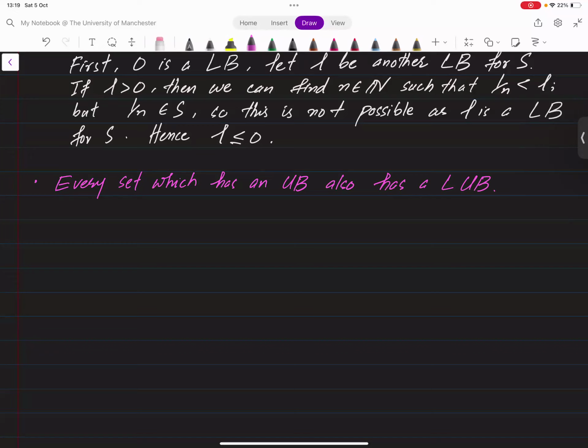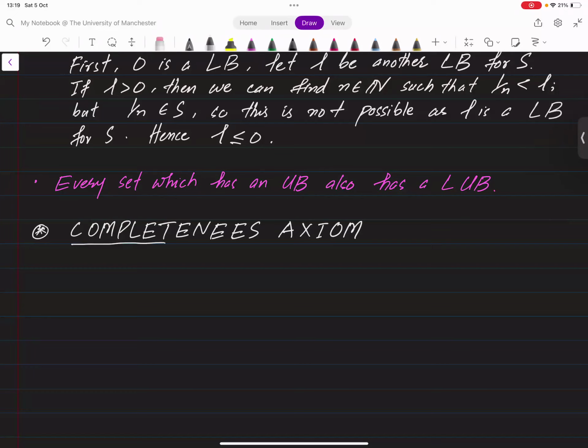Now let's talk about the completeness axiom. Let S be a non-empty subset of R. 1.